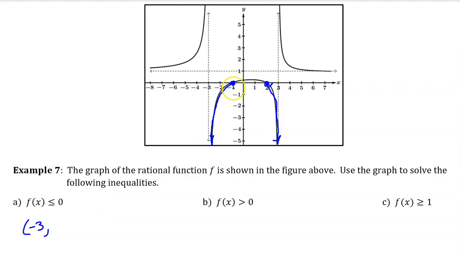However, on the -1, this is where f of x is equal to 0. And we want to include such values in the solution set because we want to know where f of x is less than or equal to 0. That's -1. Union. And then similarly, this interval goes from 2 to 3, bracket, parenthesis. So that's the answer to part A.